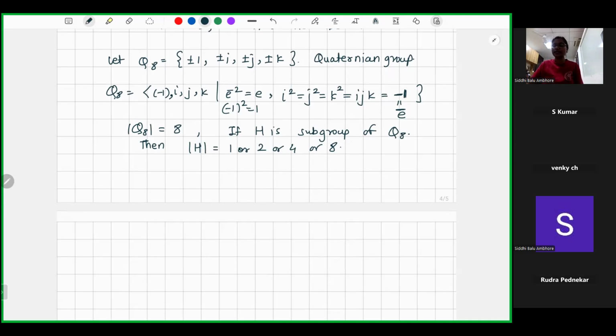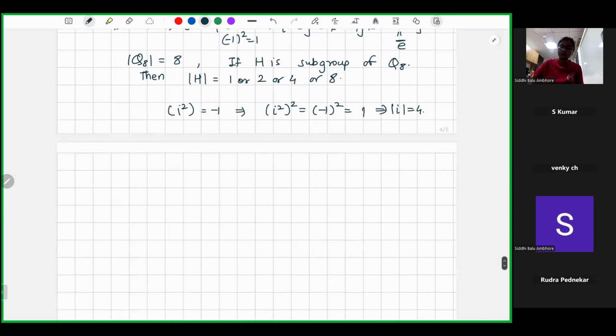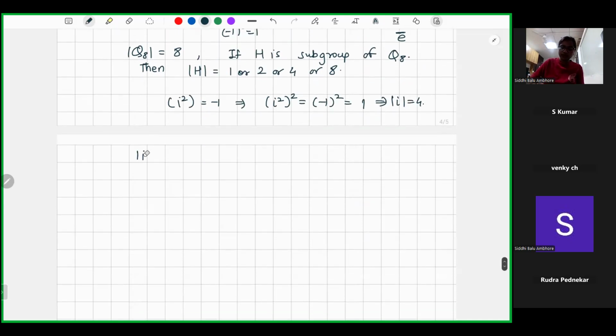And when I take the fourth power of any of these i, j, k, it will become 1 because i squared is minus 1. So if I take the square of it, it will be minus 1 squared, which will give me 1. So 2 is anyway not a possibility. 3 again is not a possibility. So the order of this i is 4. So the order of the elements i, j, and k, you can similarly check, is 4.